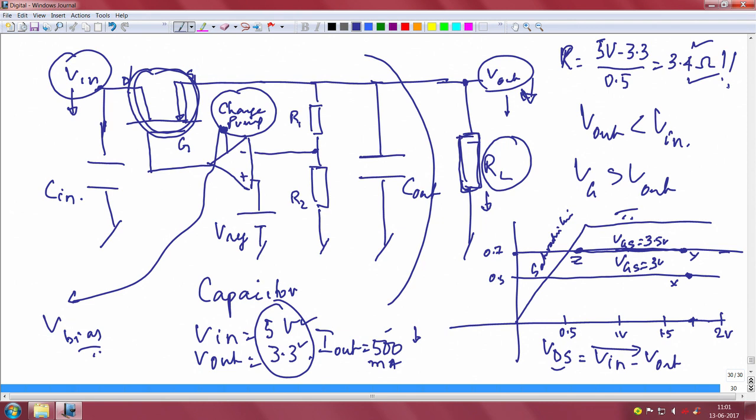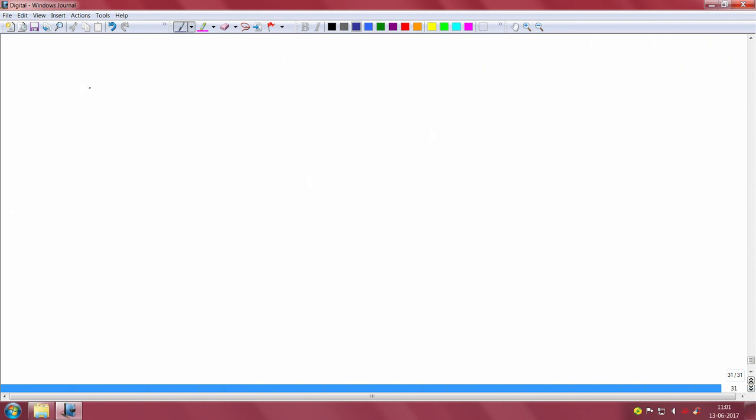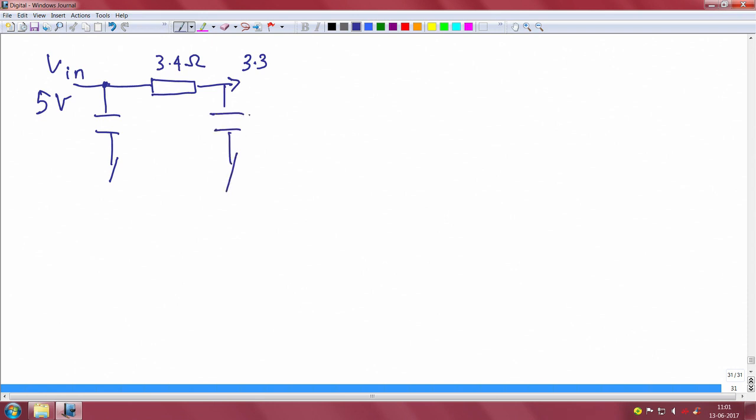In other words, supposing hypothetically if you replace this with a fixed 3.4 ohms resistor, you can give V in of 5 volts and you can take an output of 3.3 with a maximum load current of 0.5 amps.